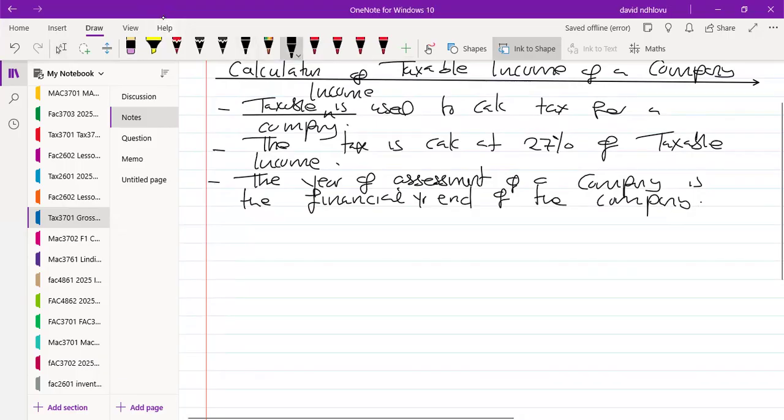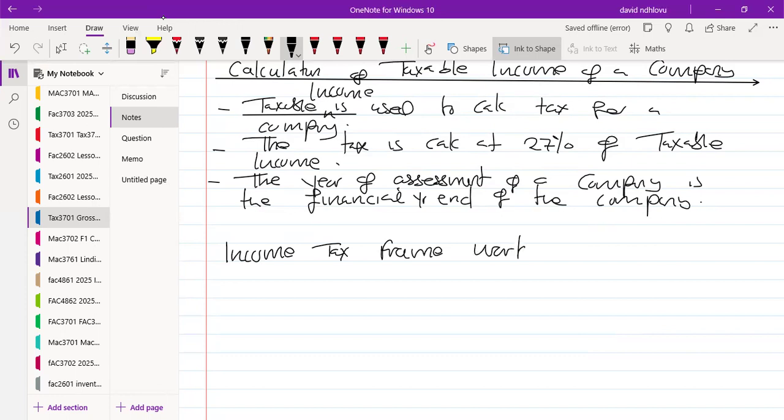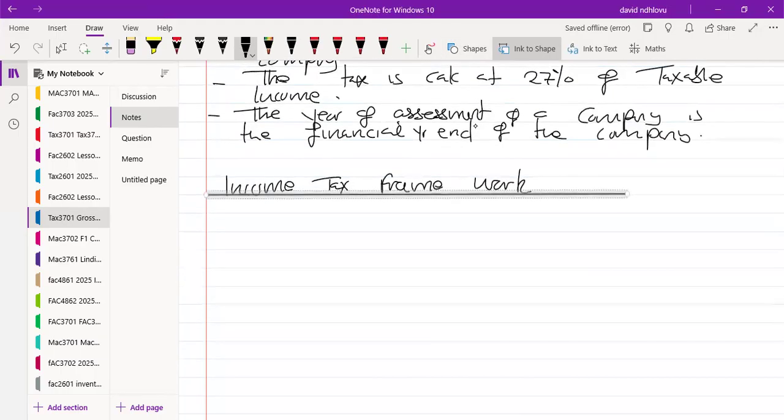Right, to calculate this thing called income tax, we have got what is called the income tax framework. So this is a structure that gives you a guide on how to calculate income or taxable income, and eventually, of course, the amount of tax.